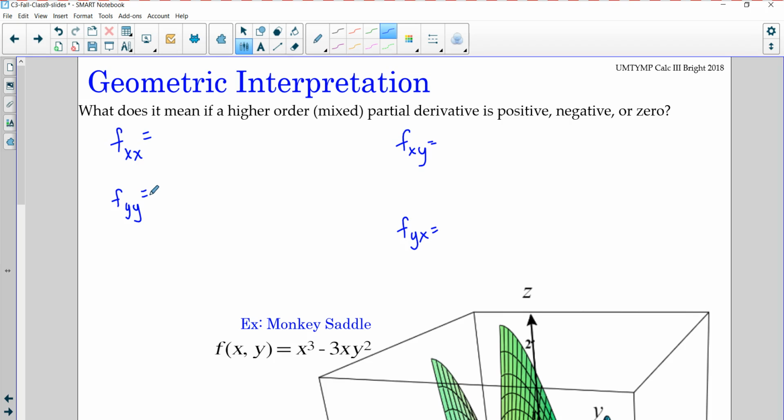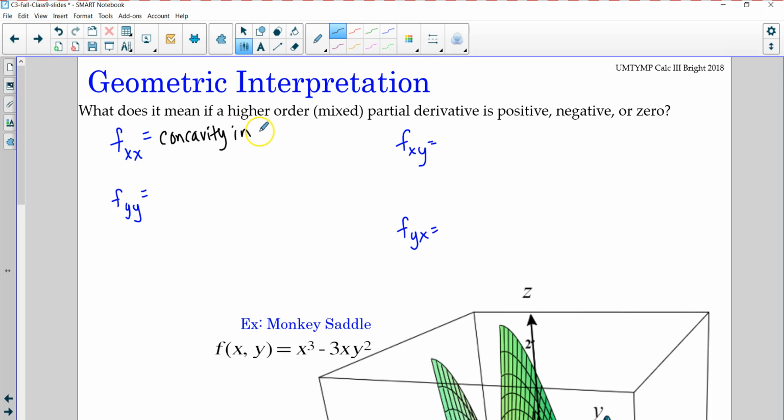And really, if we think back to our understanding from Calc 1 about what a second order derivative means, it has to deal with concavity, right? So really this is talking about, at least in the case of the partial derivatives that are not mixed, this is referring to the concavity in whatever direction your variable is.